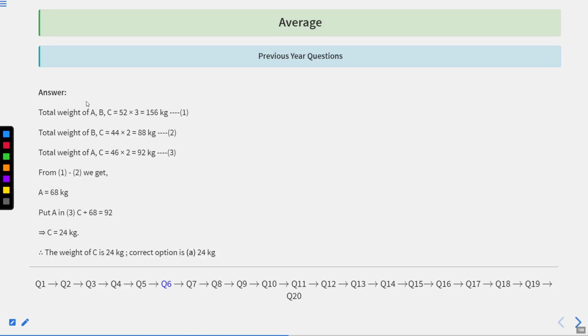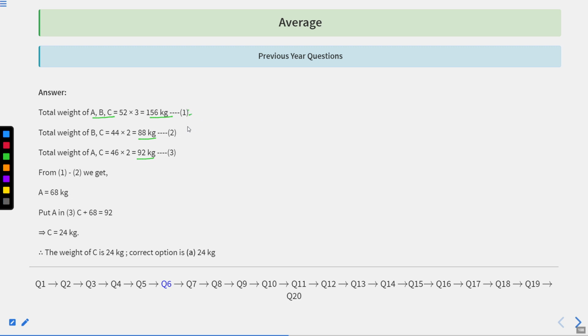To do that, we are going to find the combined weight of ABC. That will be given by the average times the number of observations. Here, we are taking the average of three people, ABC. So the total weight is going to be 52 times 3, that is 156 kg. The total weight of BC is equal to 44 times 2, that is 86 kg, and the total weight of AC is equal to 46 into 2, that is 92 kg.